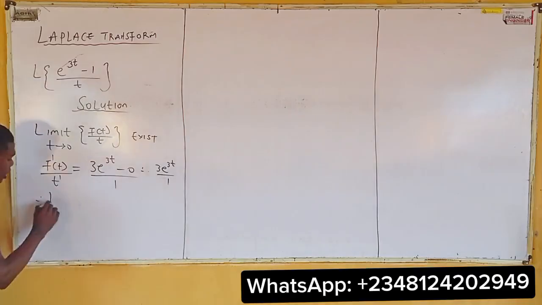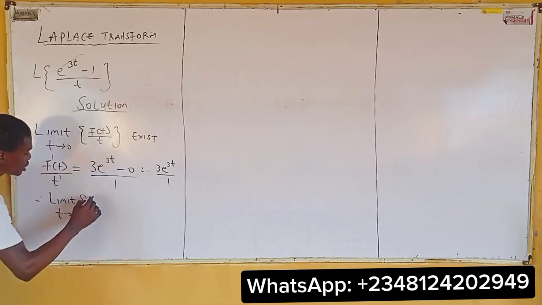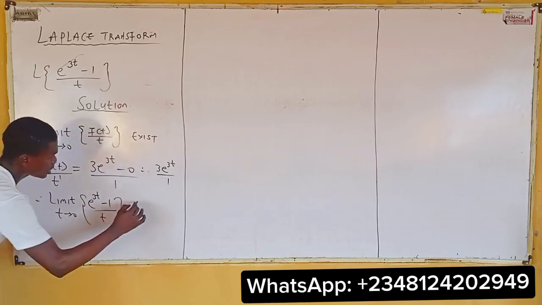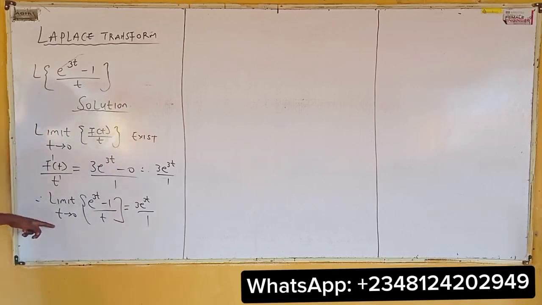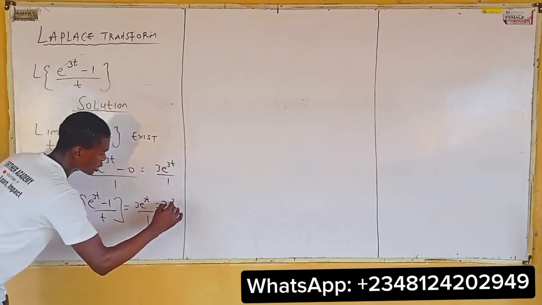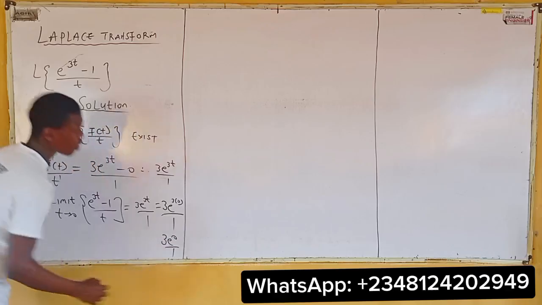Moving on, we then have the limit as t tends to 0 of the given function, exponential 3t minus 1 over t, which gives 3 exponential 3t over 1. Anywhere you see t, substitute 0. So this gives 3 exponential 3 multiplied by 0 over 1, which is 3 exponential 0 over 1.